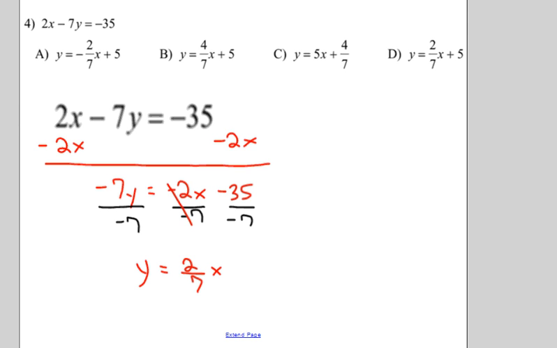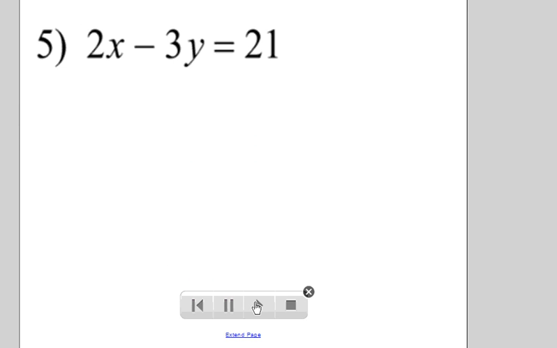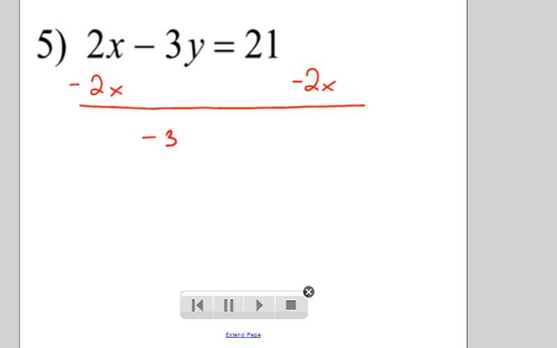Same thing again, those double negatives on that fraction, both of them canceled out. So the answer on this one is going to be D. Be careful of the double negative here on the fraction.